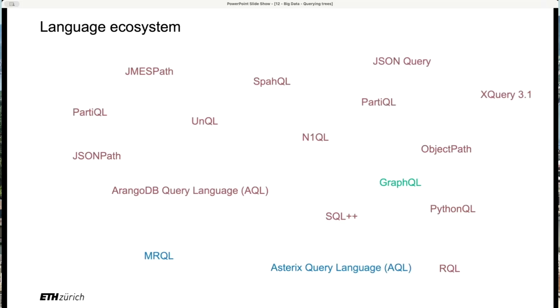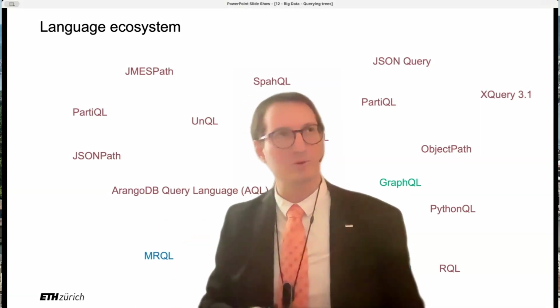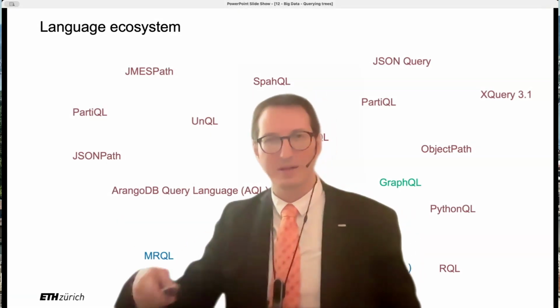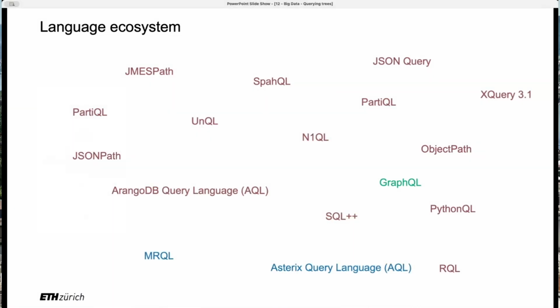All right. So these are a few of the languages out there. Every couple of months, there's an announcement that a new company figured out that they need a query language for trees and creates a new one. So there's maybe the most popular, or at least those that got viral: PartiQL, I think was by Amazon, XQuery for XML. This one is the standard for XML.